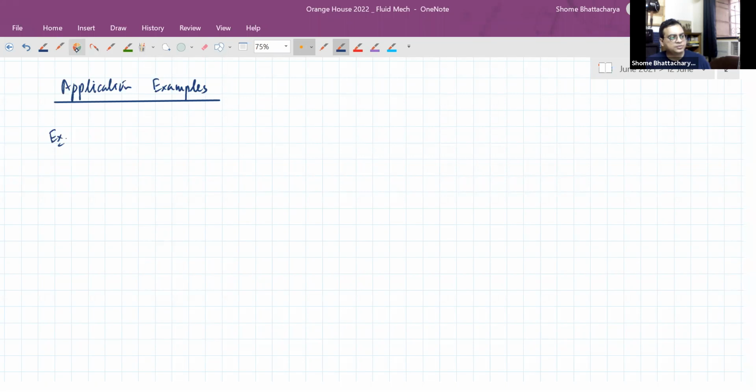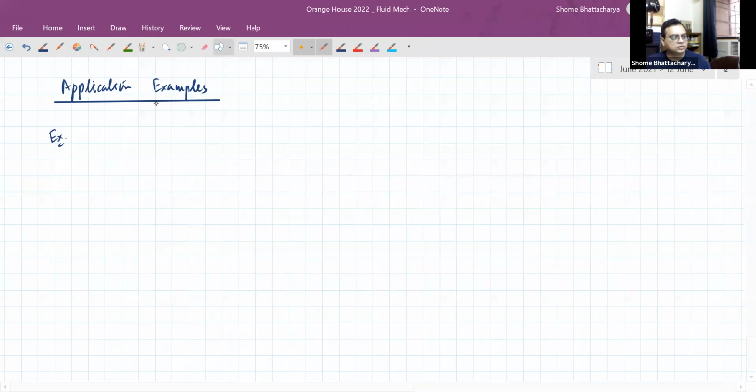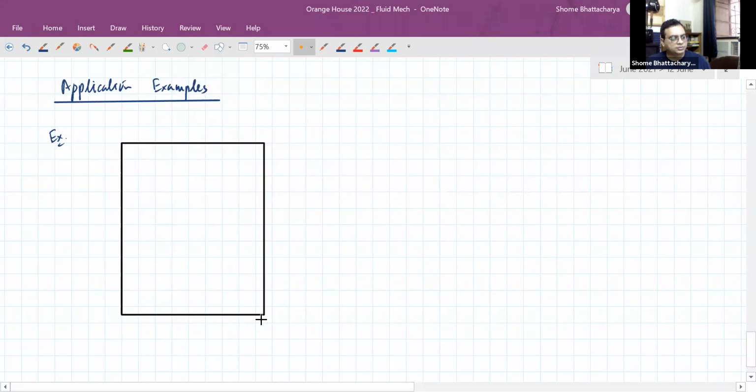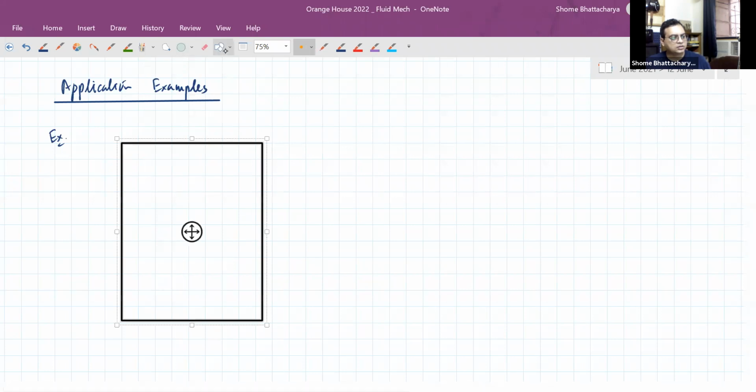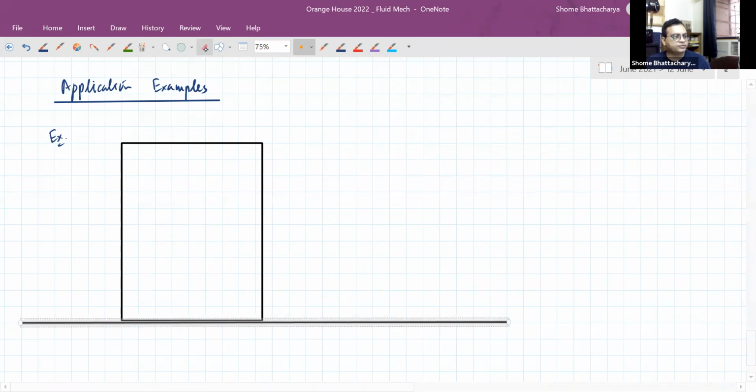For example, we could have something related to the application of the concept of speed of efflux, but with a slight variation. One is, of course, you can get direct formula-based questions in which you have to apply the standard formula, like the speed of efflux formula. But you could also get some variation questions like the next one I'm showing here.